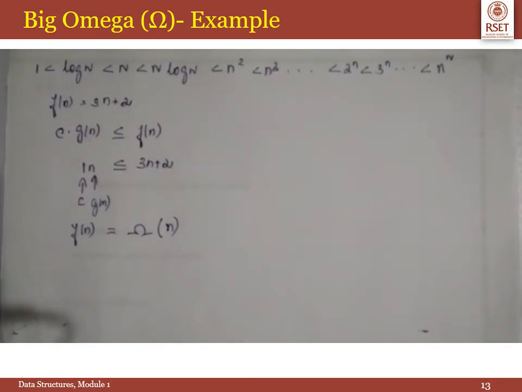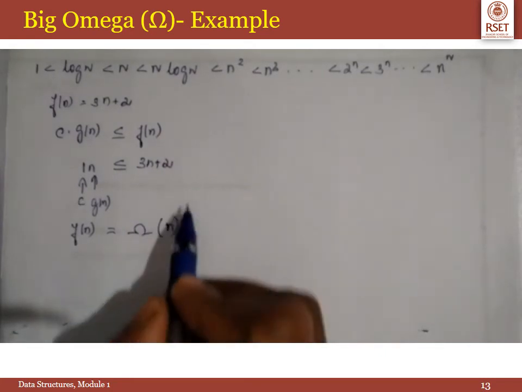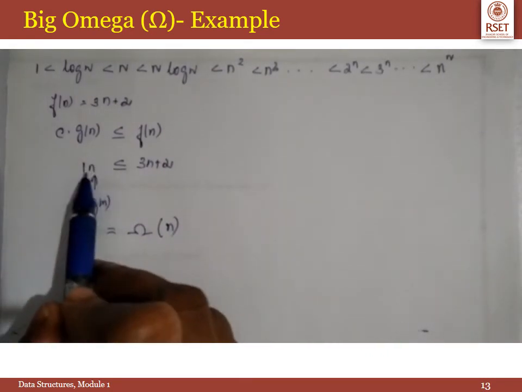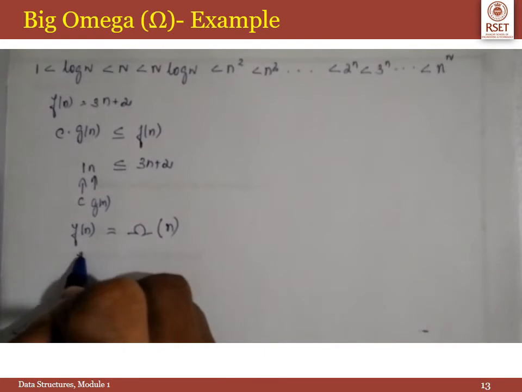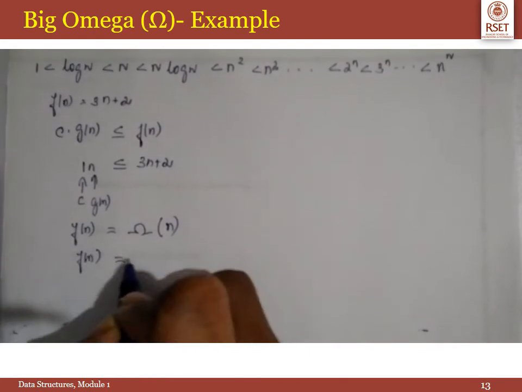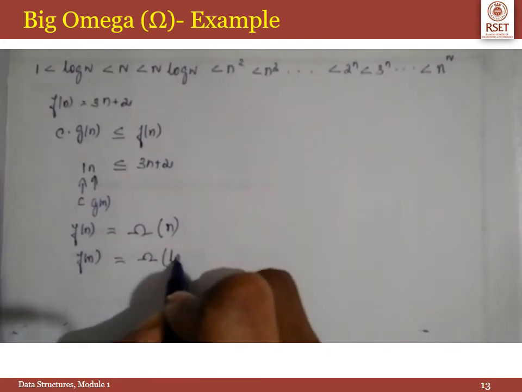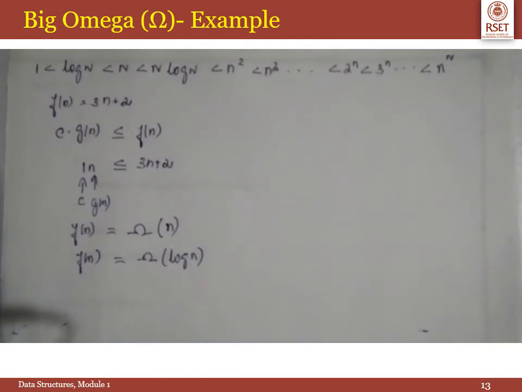Now, if this is true, can I replace n by log n? Yes, that is true. I can write f of n as omega of log n. Why is it true?